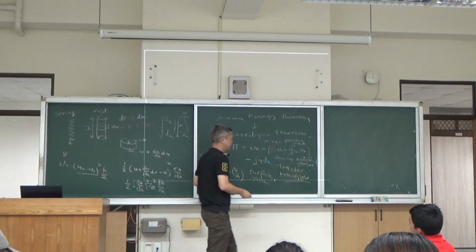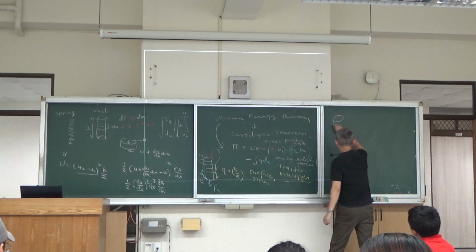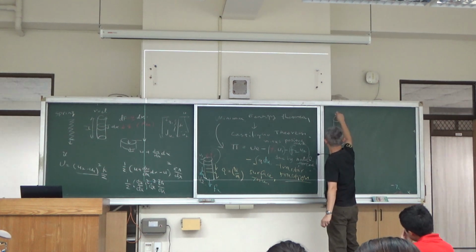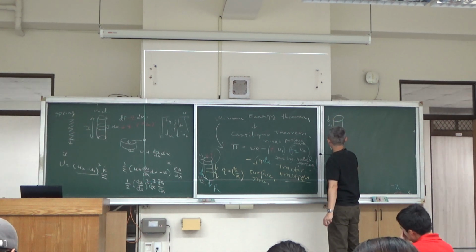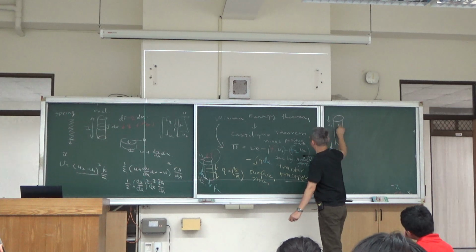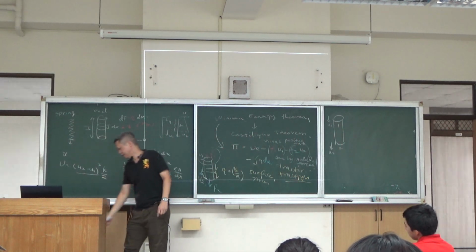So we have already considered this rod having displacements u1 and u2 at node 1 and node 2.